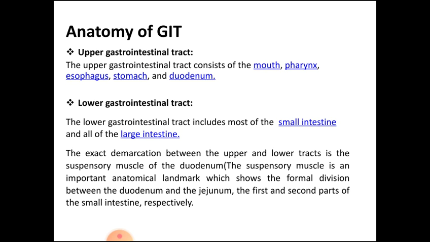The suspensory muscle is an important anatomical landmark which shows the formal division between the duodenum and jejunum, meaning that after the duodenum come the jejunum and ileum, the second and third parts of the small intestine respectively.